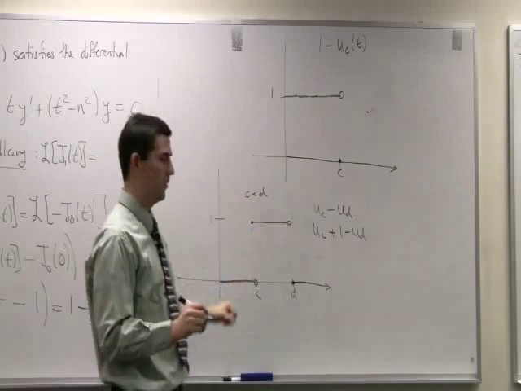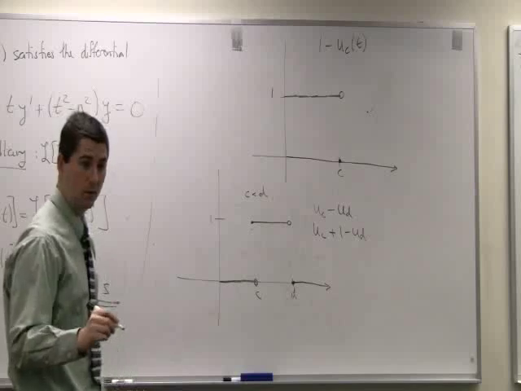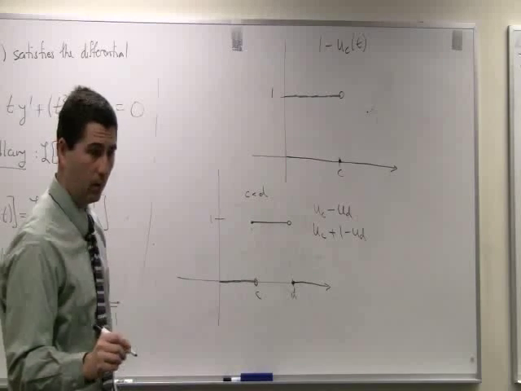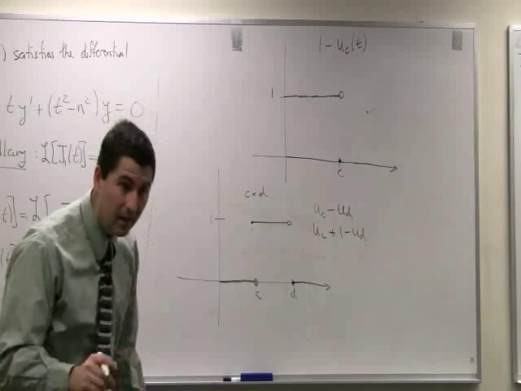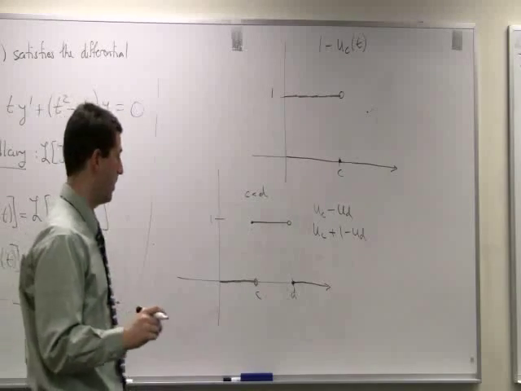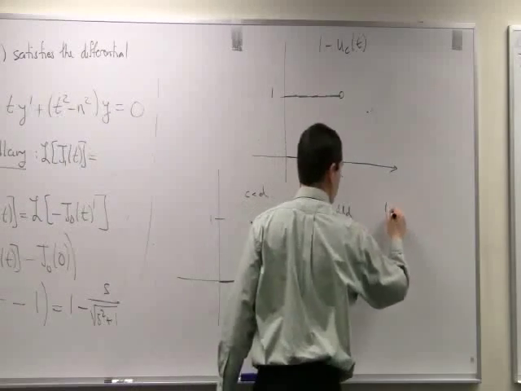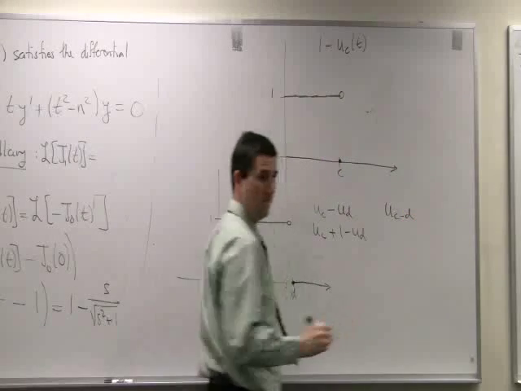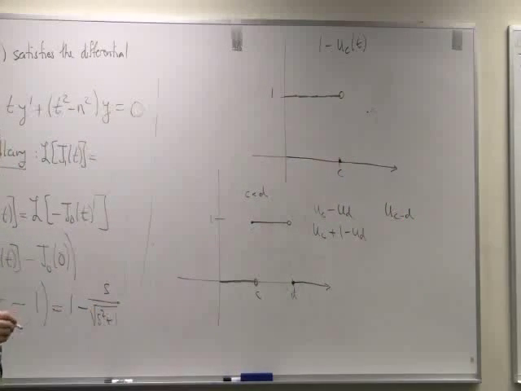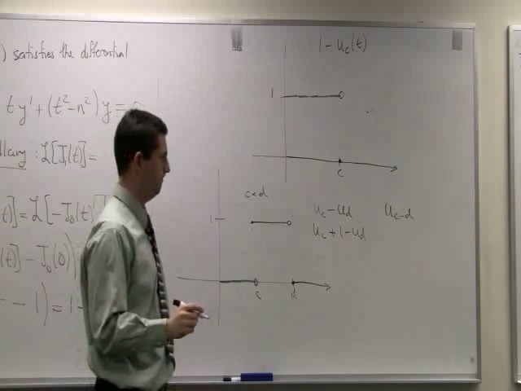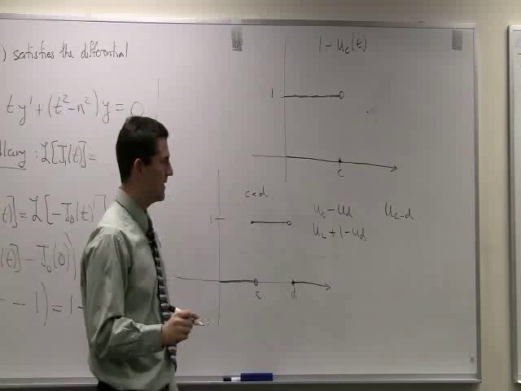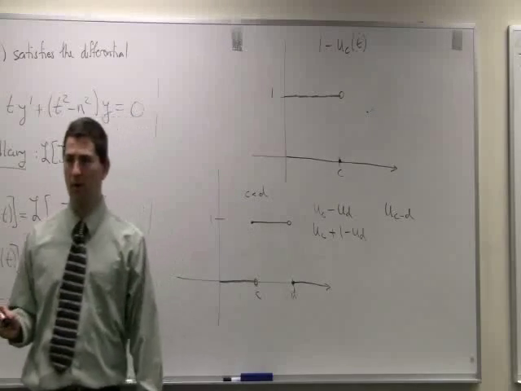UC minus D. You think what? UC minus UD? No. UC minus D. Oh, you think it's UC minus D. So when T is less than C, you will have 0. And when T is greater than C and less than D, you will have 1. Could UC minus D work?